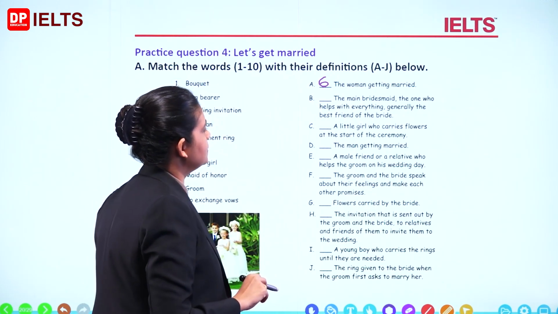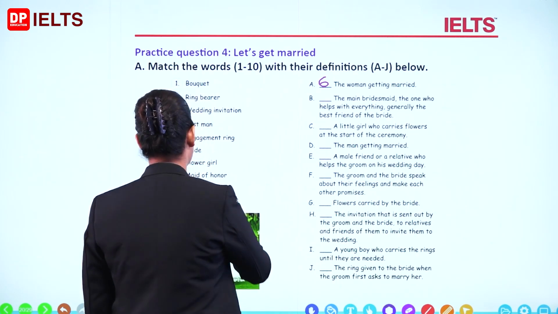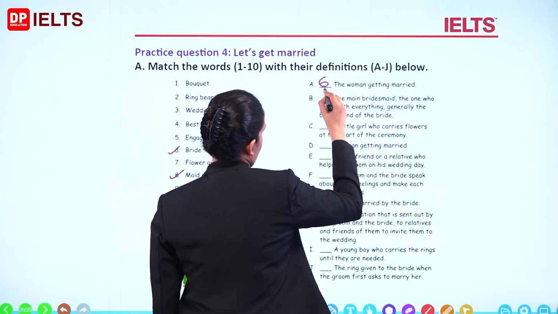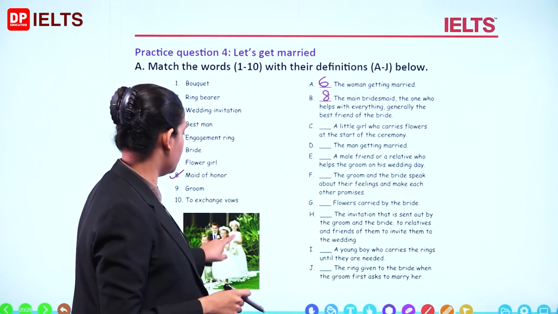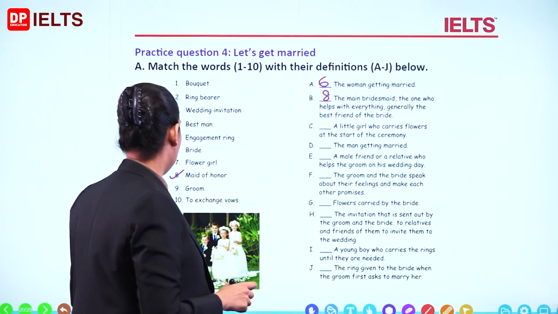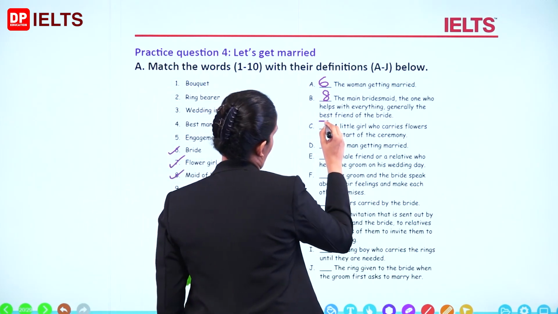The main bridesmaid, the one who helps with everything, generally the best friend of the bride, maid of honor, usually gives the toast as well. A little girl who carries flowers, podilamek mallaranyana, that is flower girl, 7.